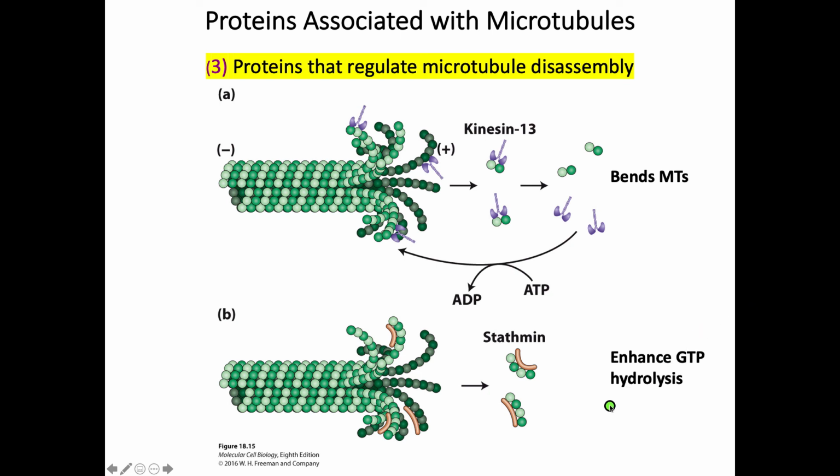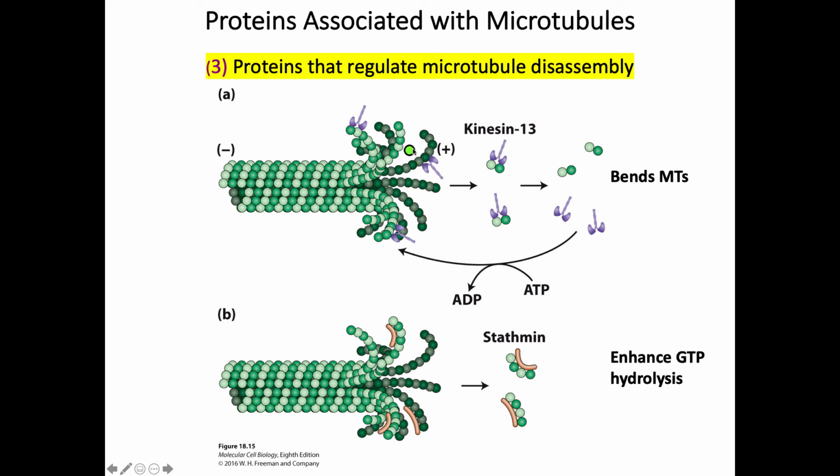Make sure that you understand that this GTP is not required by the stathmin. This is the GTP hydrolysis of the beta tubulin. So the beta tubulin, which is bound with the GTP, when it treadmills towards the minus end, will hydrolyze the GTP to GDP by itself and get depolymerized.